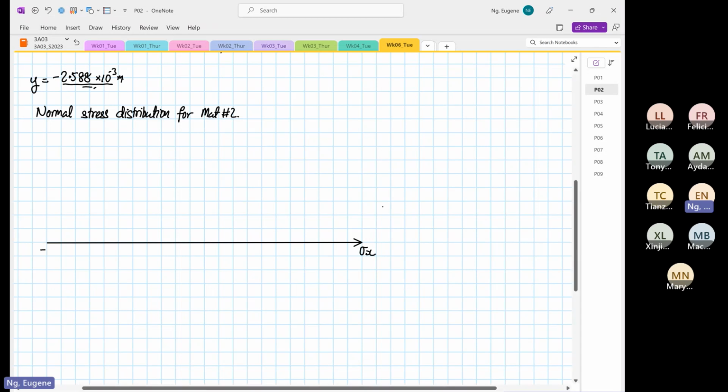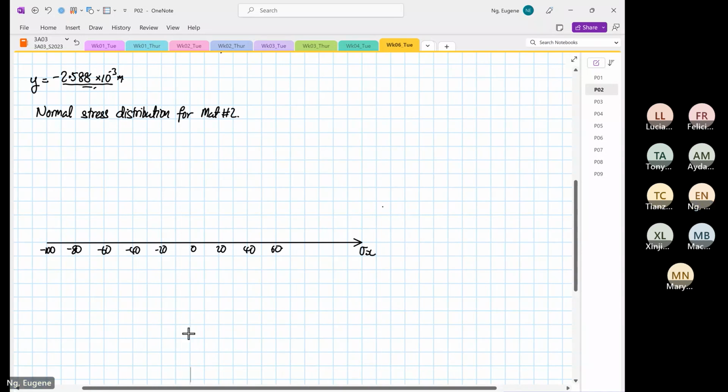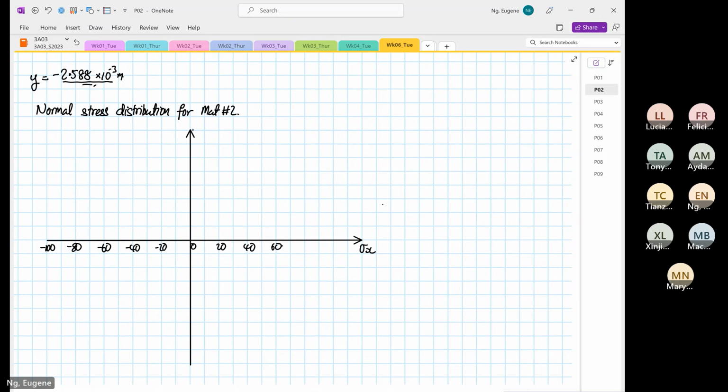So we're going to have minus 100, 80, 60, 40, 20, 0, 20, 40, 60. Okay. And then we have our y-axis. So this is our y.